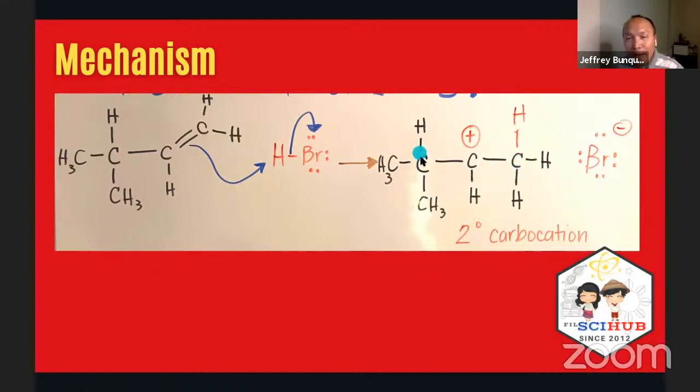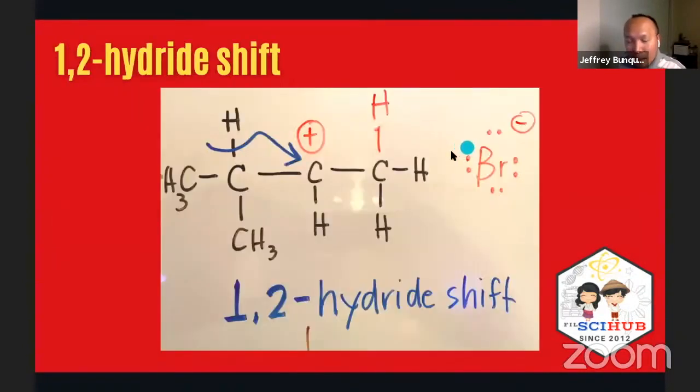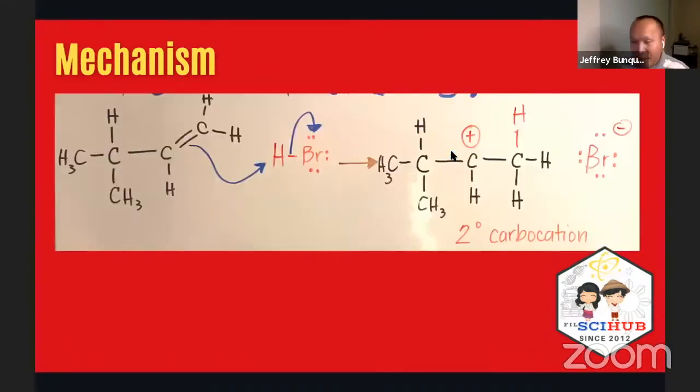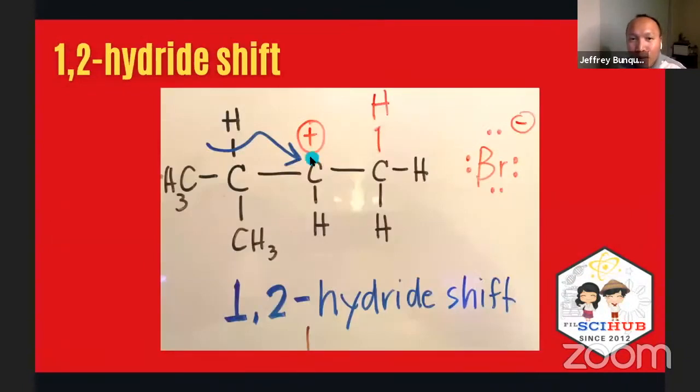But then the other way around, if you would consider the second C2 position to your left, say for example, if we move this hydrogen center over to the carbocation center, what actually happens is we will form a tertiary carbocation.